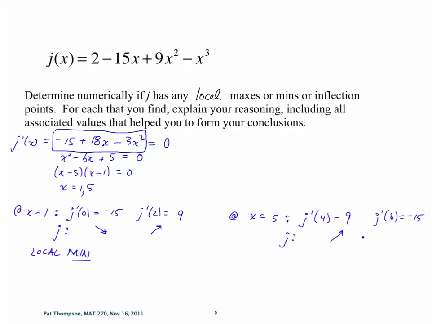And then we know J has a pause at 5, right? And then J is, with a negative rate, decreasing. So, local max. Okay, so we got a local min at 1, we got a local max at 5.